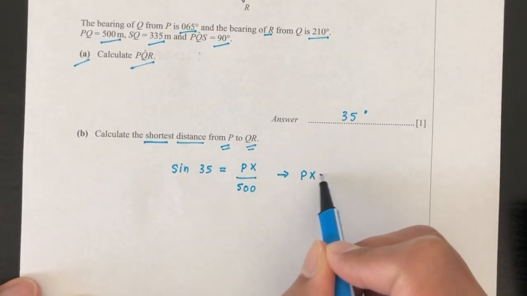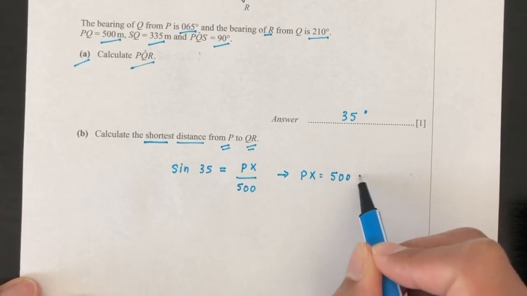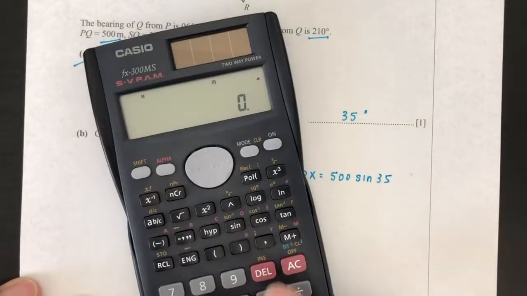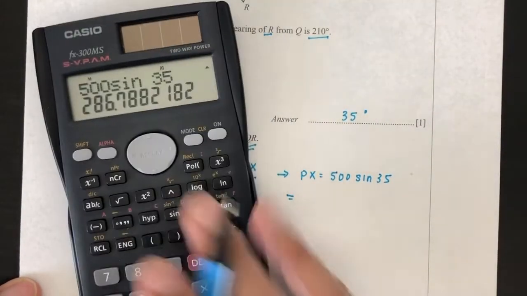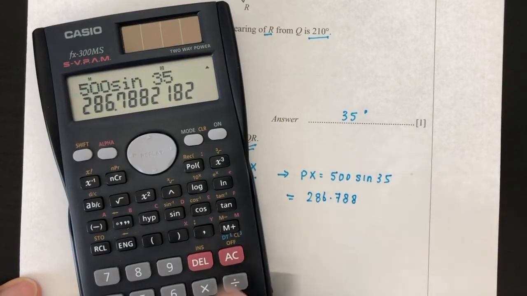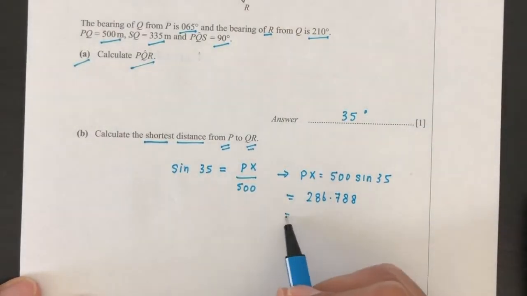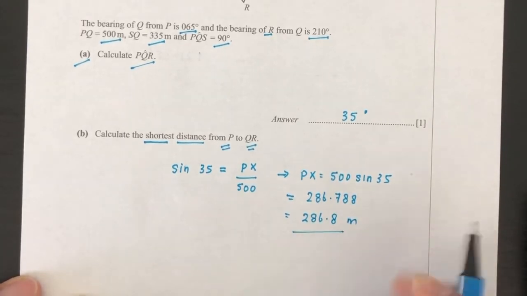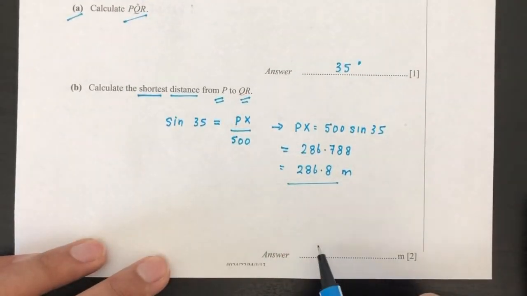So PX will be 500 sine of 35. That will be 286.788. So I think we can write this to one decimal place. That will be meters. That will be your value for the shortest distance.